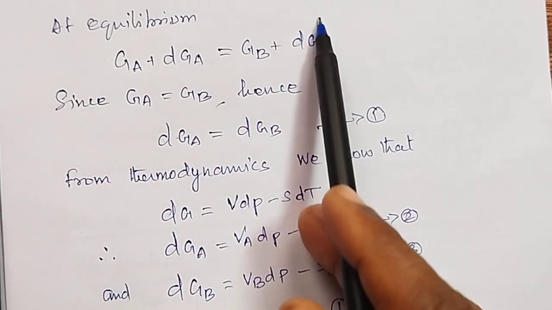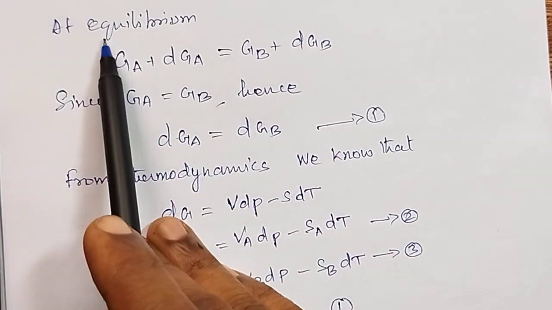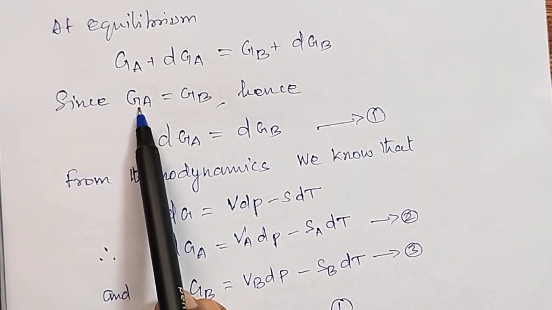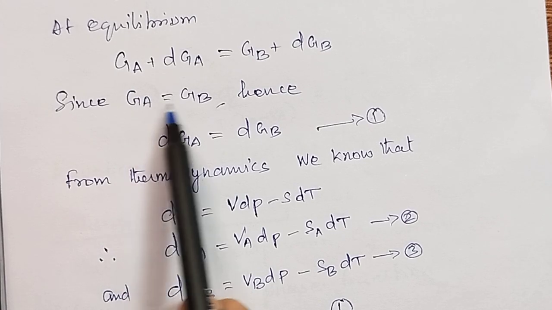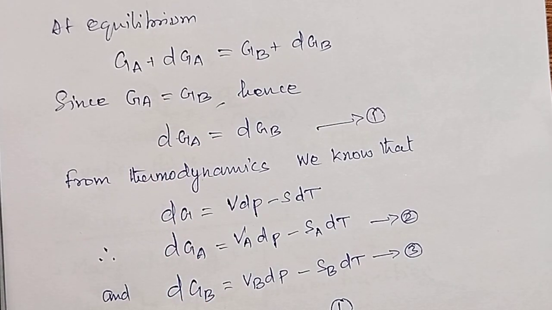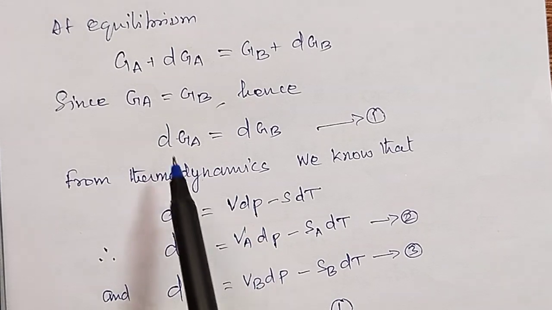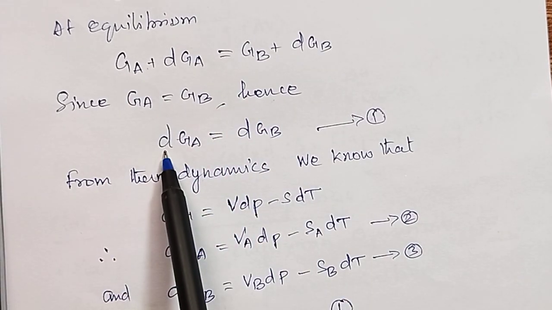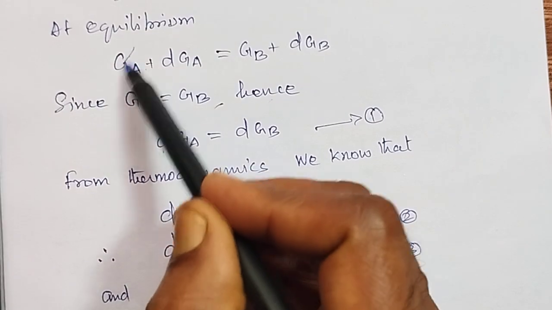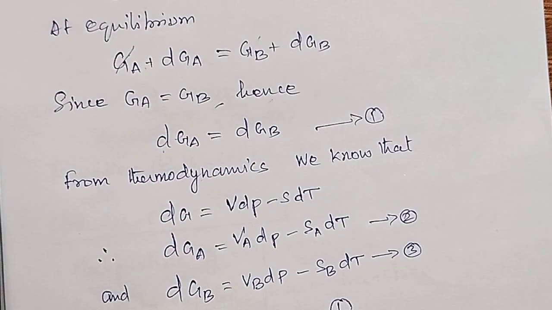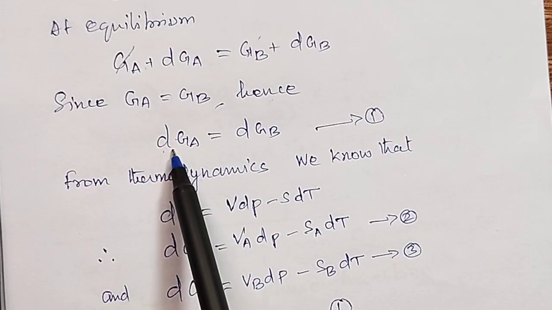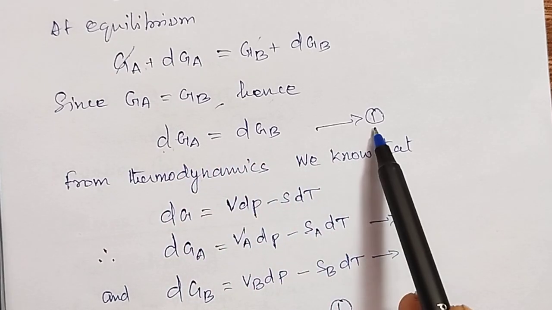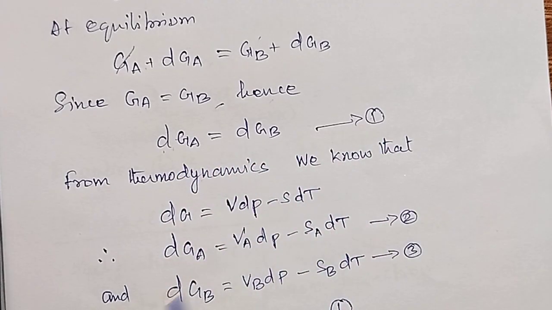And we have already seen that Ga is equal to Gb. Therefore, this equation can be modified like this, and Ga and Gb cancel out, and now dGa is equal to dGb. Let us consider this as equation 1.